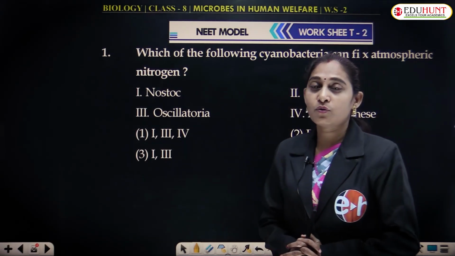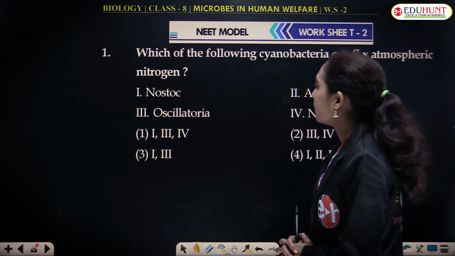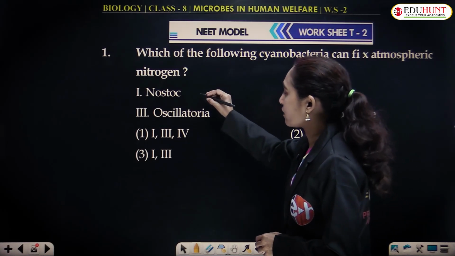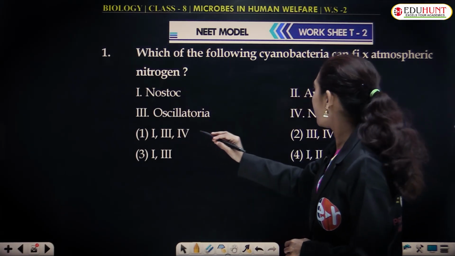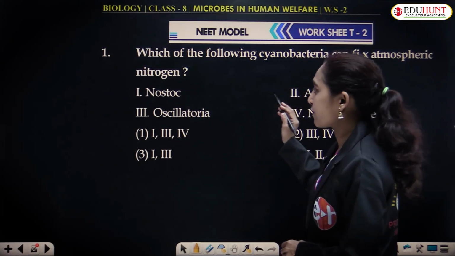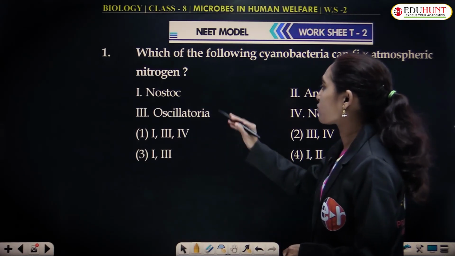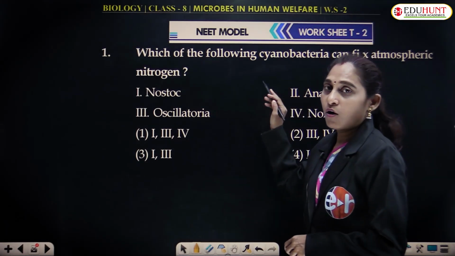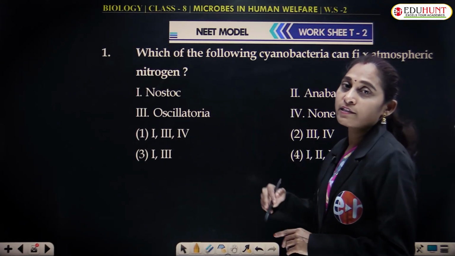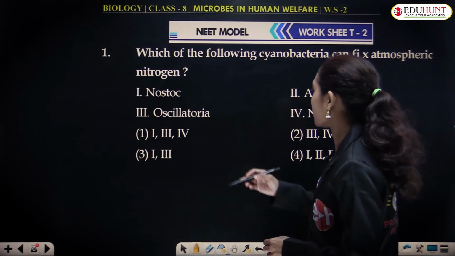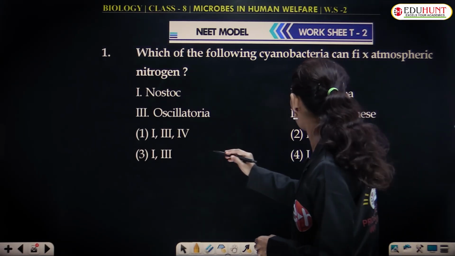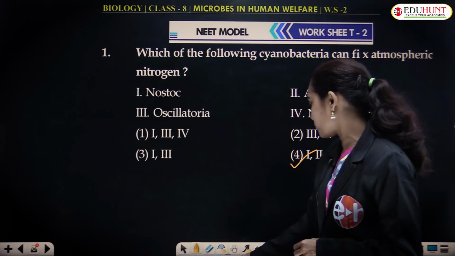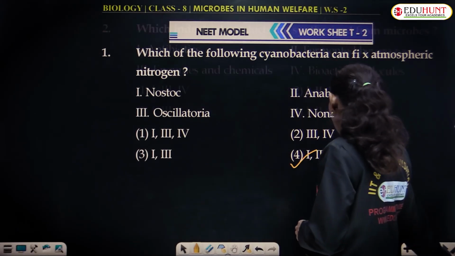They convert them into absorbable forms. No doubt Nostoc, which is a cyanobacterium, Anabaena is also a cyanobacterium, and Oscillatoria. So all three organisms are important for nitrogen fixation. So the answer is 1, 2 and 3. Yes, the fourth option is the correct one.